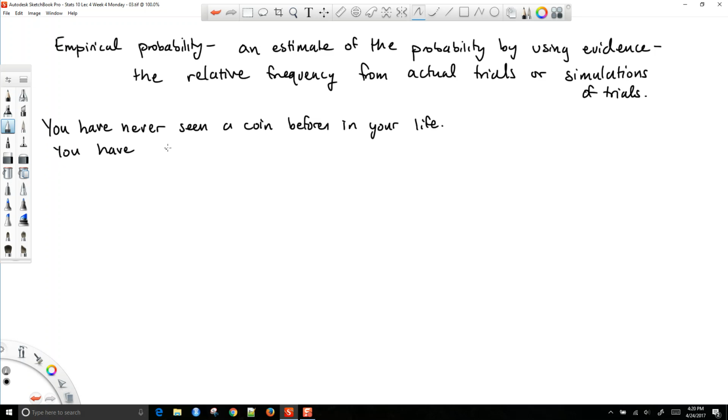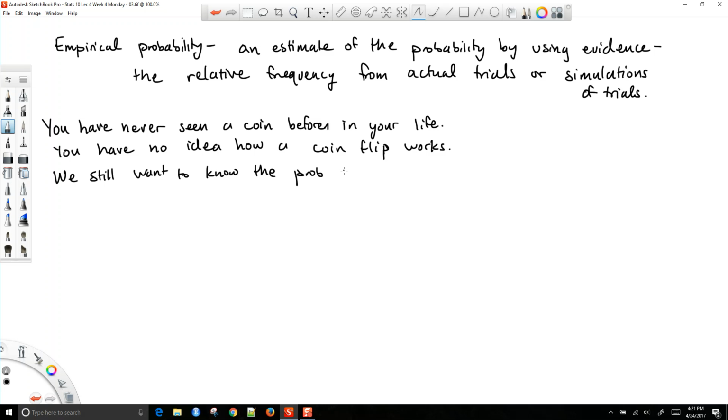And your alien overlord says, I want to know the probability the coin lands heads. So at this point, you have no notion that both sides are equally likely. For all you know, when you flip a coin, anything could happen. It could always land heads, we don't really know. But we still want to know the probability that the coin lands heads.